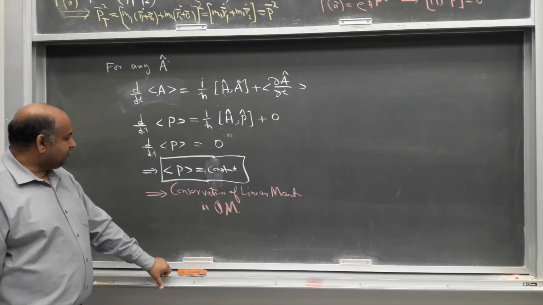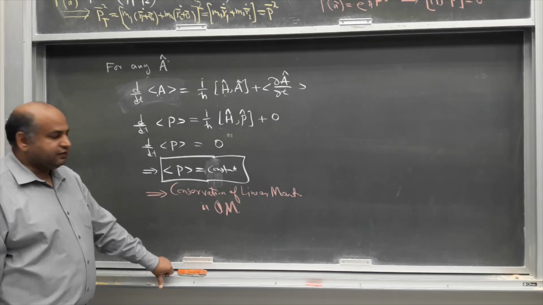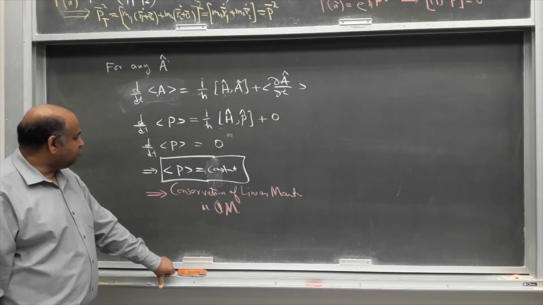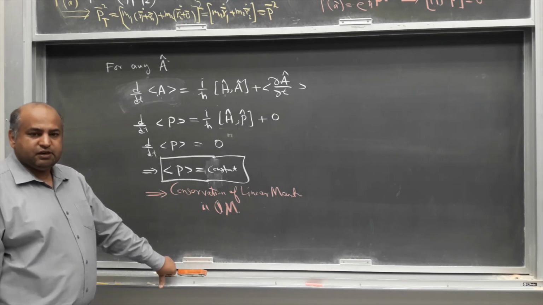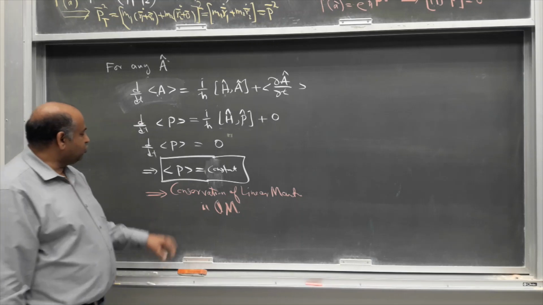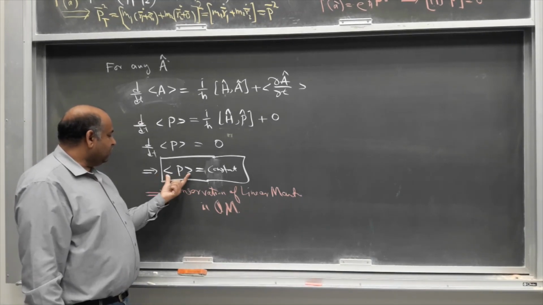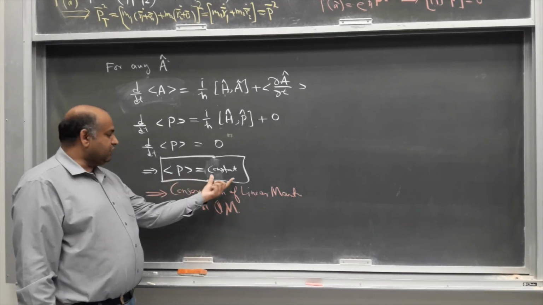So you see that this statement is slightly different than the classical statement. In classical physics, we say that the total linear momentum of the system is constant. But here it's not the total momentum that is constant, but the expectation value of the total momentum which is constant.